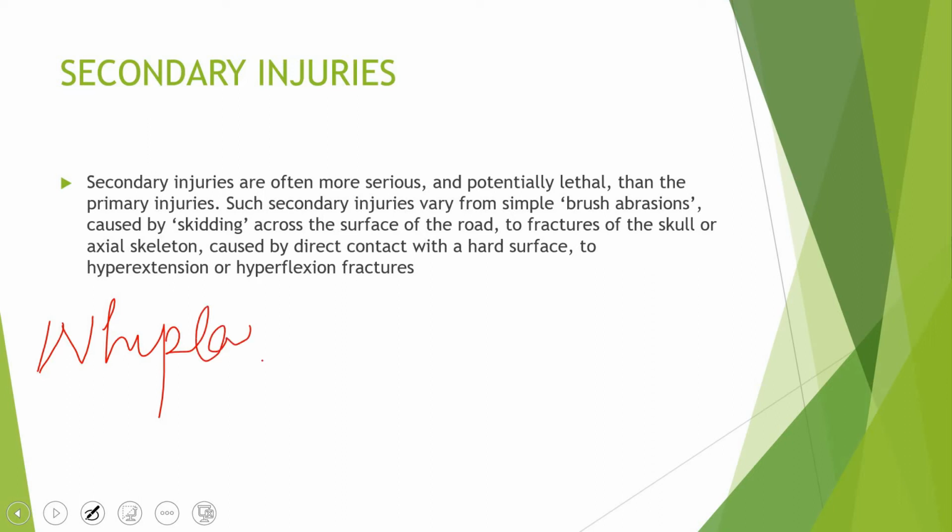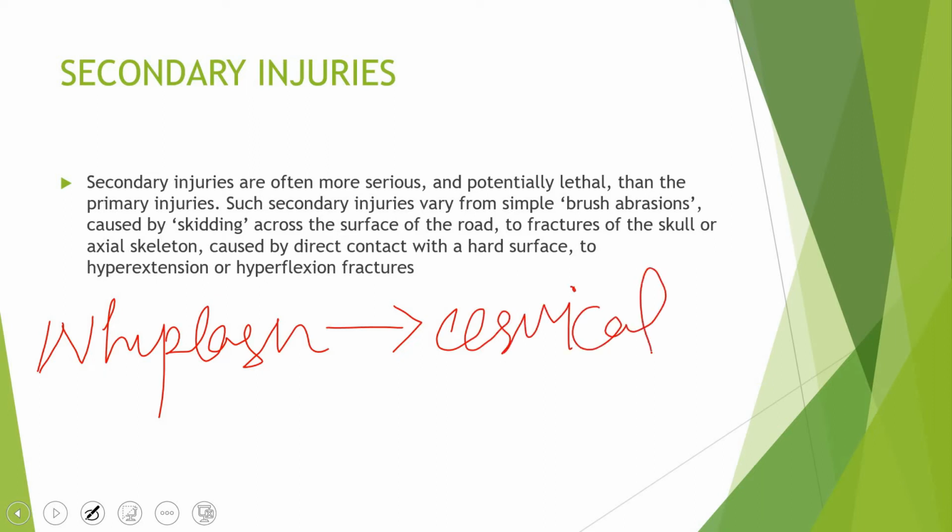Whiplash injury is a neck injury, and more scientifically, if we describe the joints in the neck, that would be the cervical spine. So it is an injury to the cervical spine. And when does it happen? The name gives you everything. What is a whip? So when the neck is moved like a whip, it can result in injury to the cervical spine, which is known as whiplash injury.